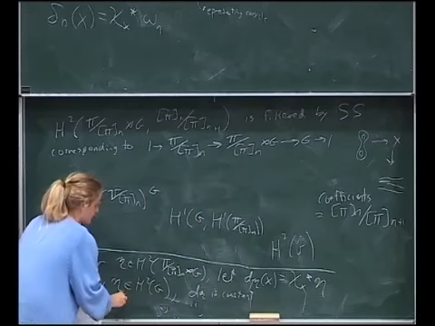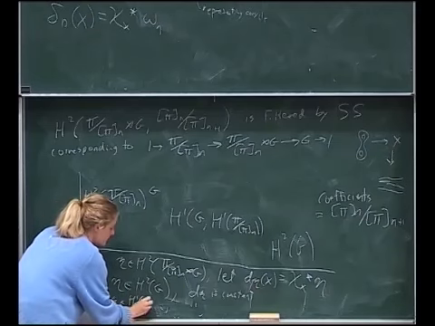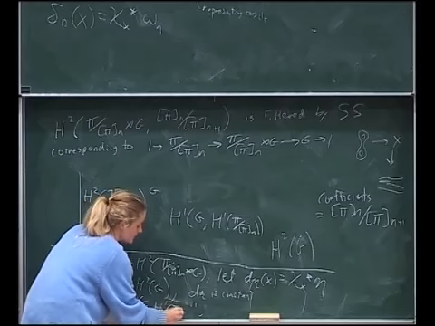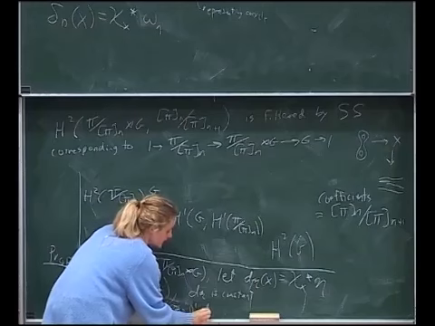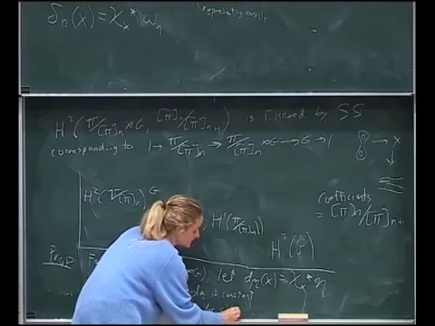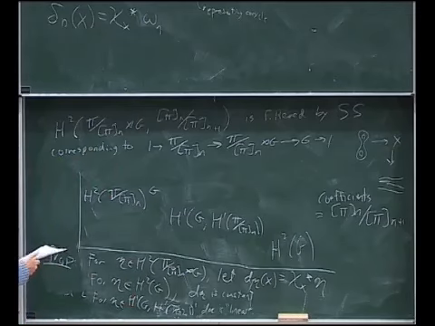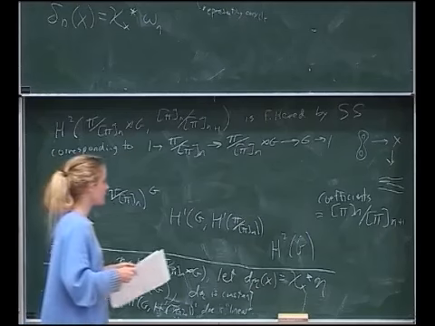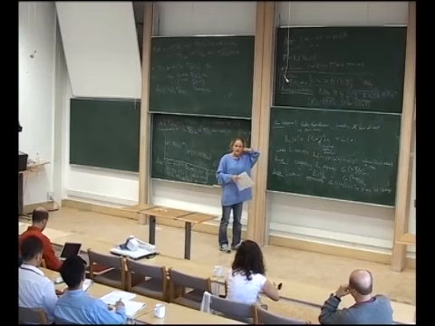So for eta in H2 G, d eta is constant. For eta in H1 G, H1 pi n, d eta, I'm going to put is linear, but in quotes, because this doesn't mean all we'd like it to mean.